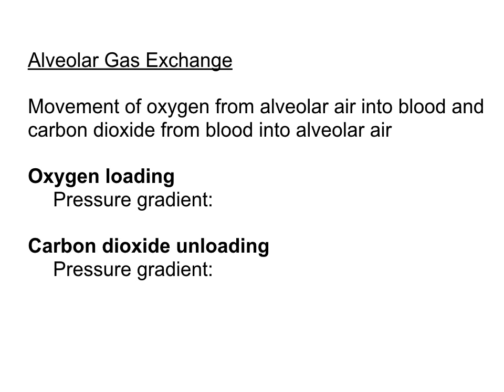Now, the reason your carbon dioxide movement is referred to as unloading is we are unloading CO2 from the blood, meaning we're going to take CO2 out of the blood, dump it into the air, get it into the body, get it out of the body.